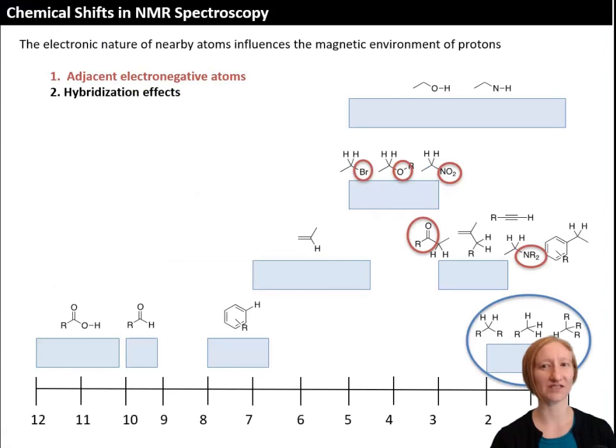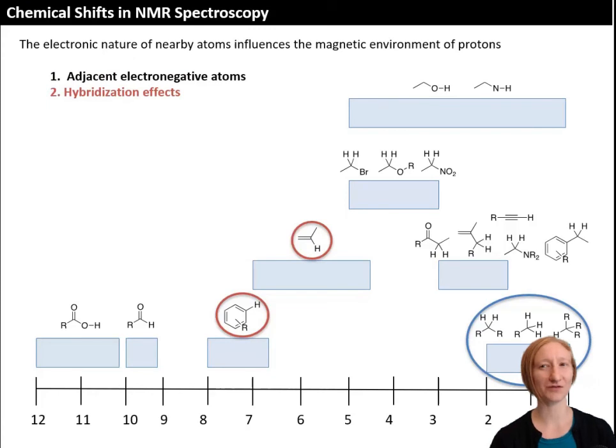And what we can note is that the more electronegative the group is, the further downfield the protons are shifted. So an oxygen is more electronegative than a nitrogen, and the protons next to an oxygen are shifted down to about 4 ppm, while the protons next to a nitrogen are only shifted downfield to about 2 ppm.